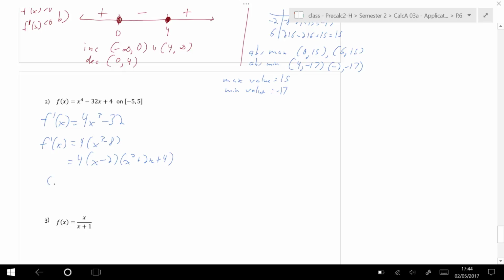My critical point is just 2, because x squared plus 2x plus 4 will not contribute a 0. My interval test would be to plug this in, and I know it's going to be negative, positive on the derivative. So my function is increasing on 2 to infinity and decreasing on negative infinity to 2.